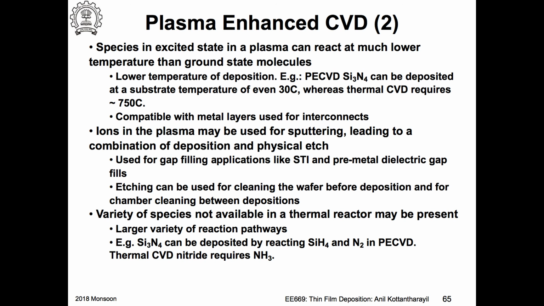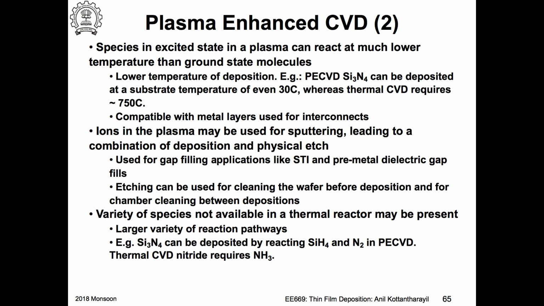But if I am using PECVD, the plasma will crack this. N2 will become N atoms, and this N atom is very reactive, so that can then start to react. So this means a larger variety of reaction pathways that you cannot use in thermal CVD. But that also is a problem.